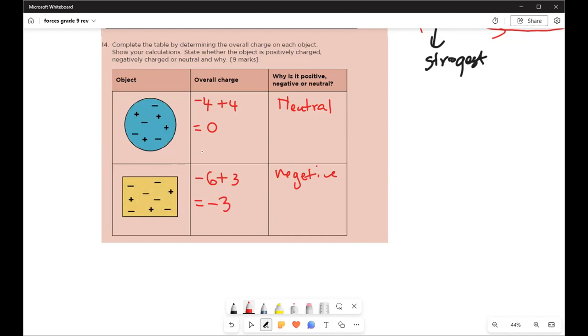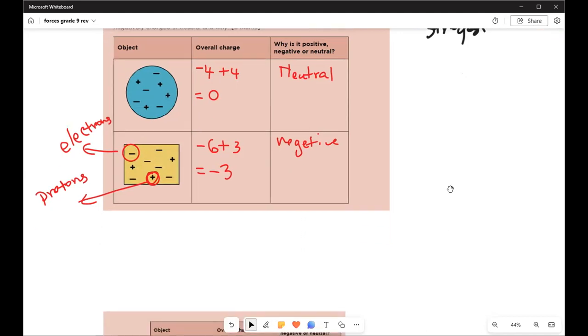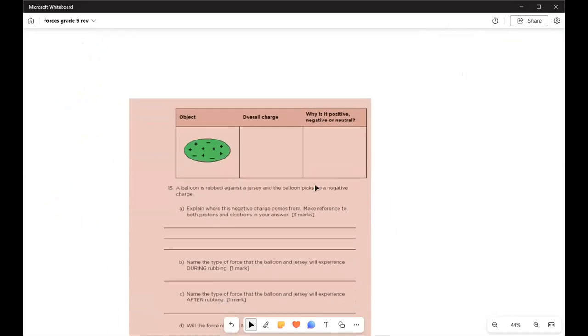Remember, the negative charges, we call them electrons. And then the positive charges, we call them protons. So there are more electrons than protons in this case. Therefore, we say an object is negatively charged.